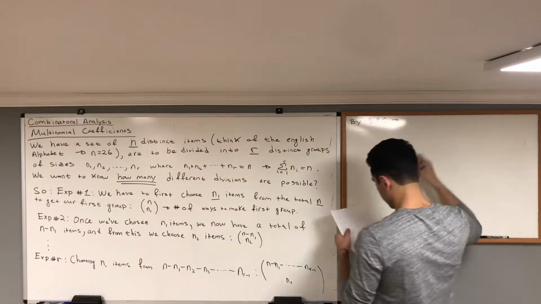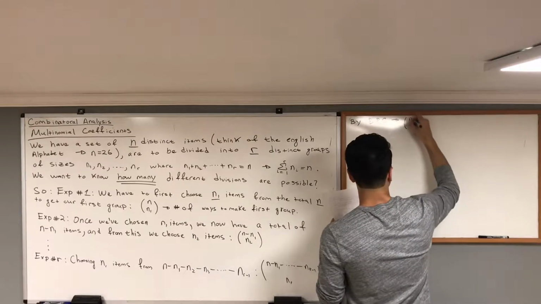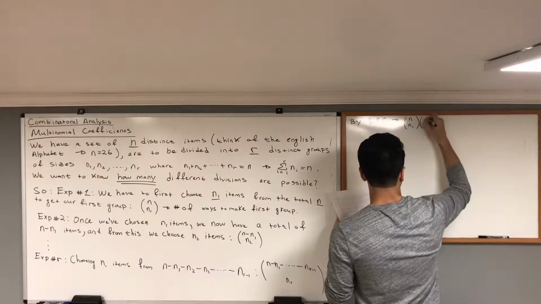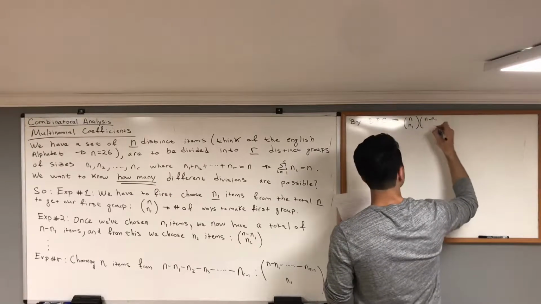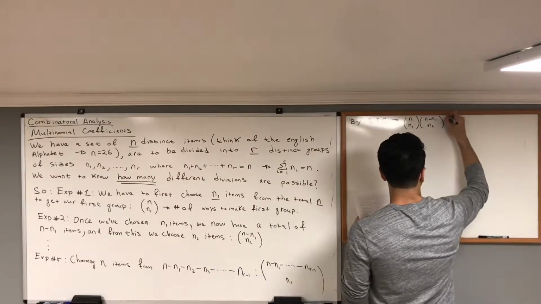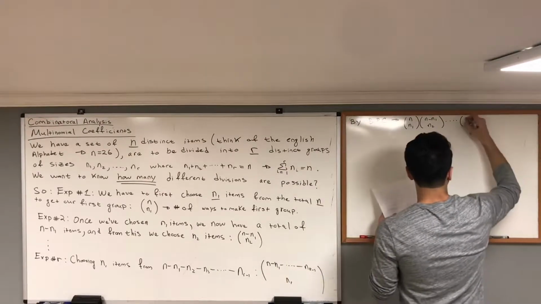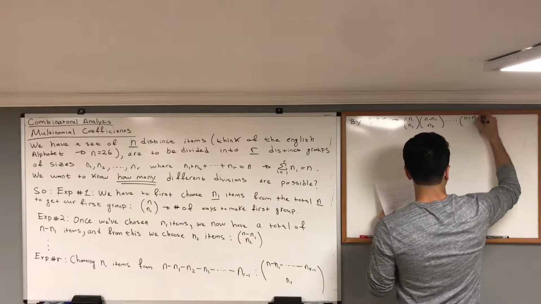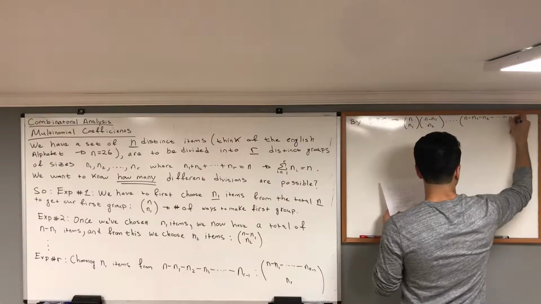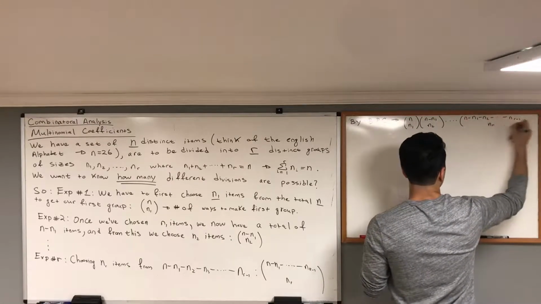So what we have is n choose n1, times n minus n1 choose n2, times blah blah blah, all the way until you reach n minus n1 minus n2 minus blah blah blah minus n(r minus 1), choose nr.